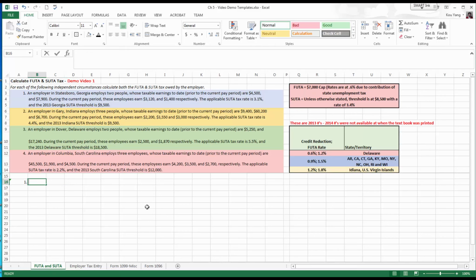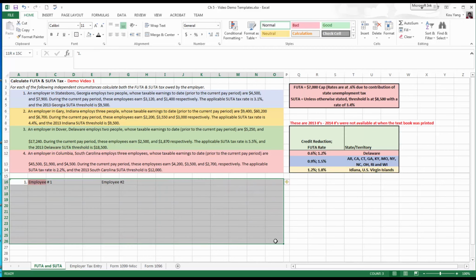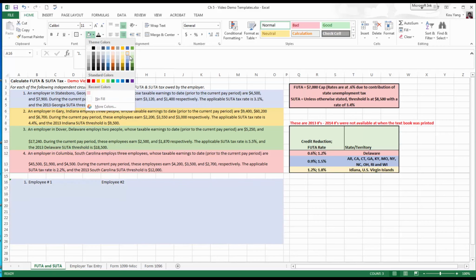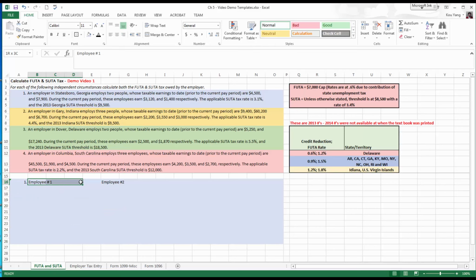Because we are talking about 2 employees, I'm going to do employee number 1 here, and employee number 2 over here, so we can tell the difference. I'm going to highlight this in blue so we can color code this later on for ourselves.